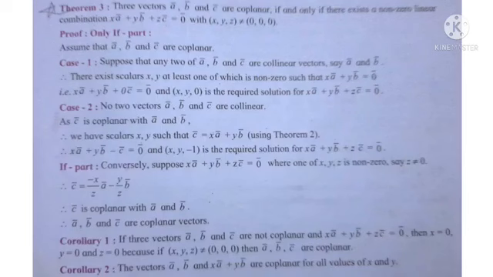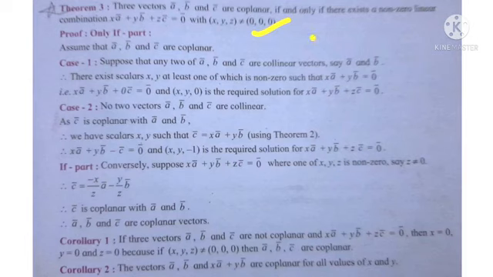The next theorem we will see: three vectors A bar, B bar, C bar are coplanar if and only if there exists a non-zero linear combination x A bar plus y B bar plus z C bar is equal to 0 bar, with x, y, z not equal to 0, 0, 0.